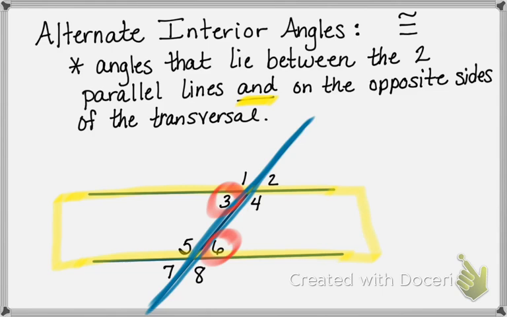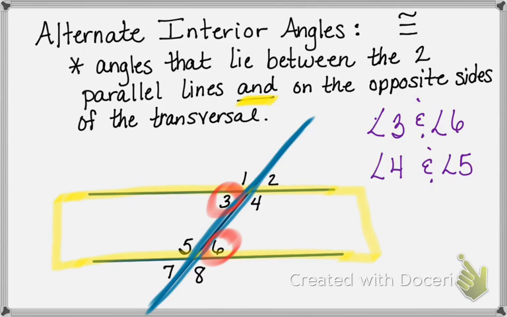They're inside the parallel lines and they're on opposite sides of the transversal. So that's an example of alternate interior angles. 3 and 6 are alternate interior. That means they're the same value. If 3 was 70, 6 would also be 70. And then 4 and 5 have the same value. They are congruent.